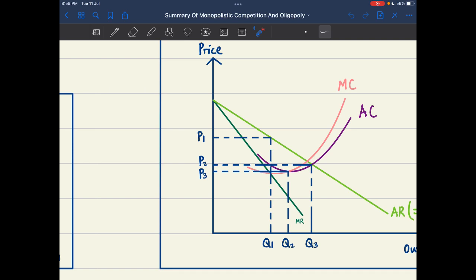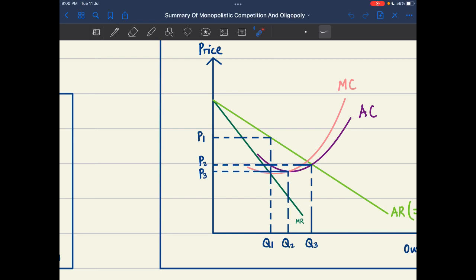But in this case, people will still choose to enter the market, and it's still possible for them to make abnormal profits. So the best way to prevent the firm from making an abnormal profit is by producing at a point where the price equals average cost, which is P equals AC, at Q2. Alright, so at this point, this is where most monopolies will settle.